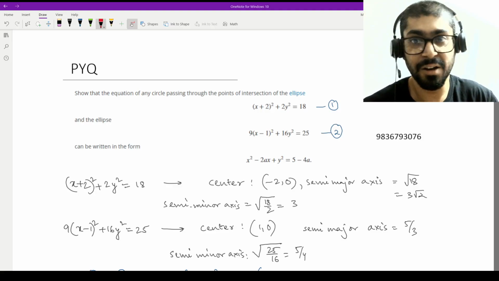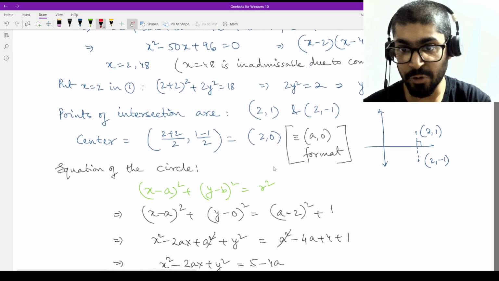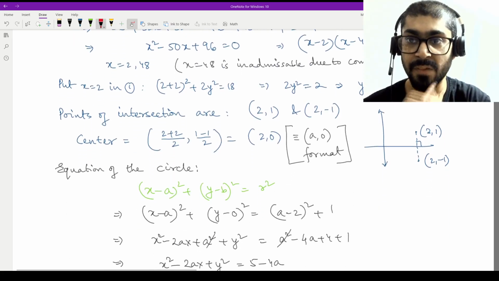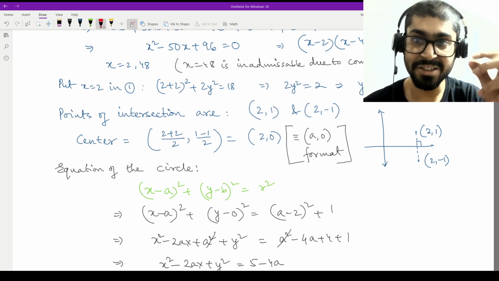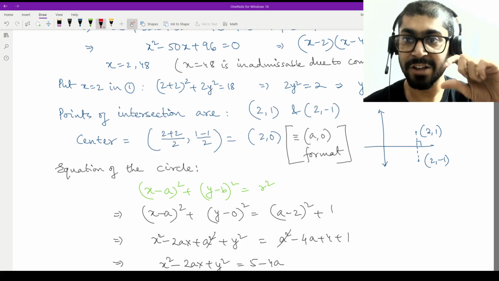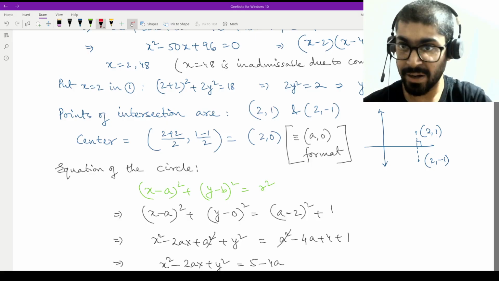All right, the main way of proving this would be to identify that this lies in a comma 0 format. Otherwise you might be confused where this a came from, because nowhere has it been mentioned what a is, isn't it? And both of the formulas of circle and ellipse contain a, because the ellipse is x by a whole square plus y by b whole square equal to 1, right?